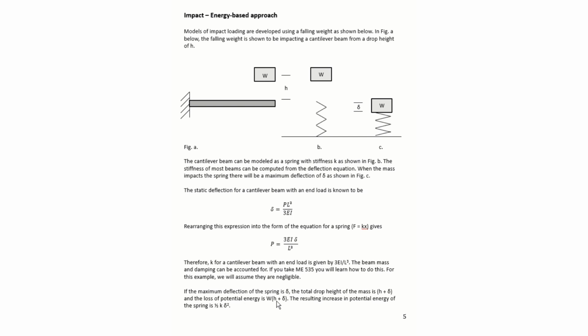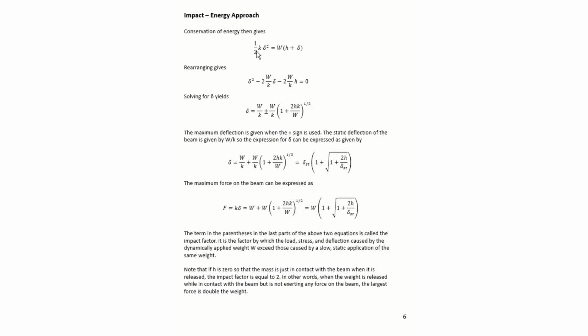So we can now set those two equations equal to each other, as shown here. Rearranging, we get a quadratic in terms of delta, and solving this using the quadratic formula, we get this equation. The maximum deflection is obtained by using the plus sign.